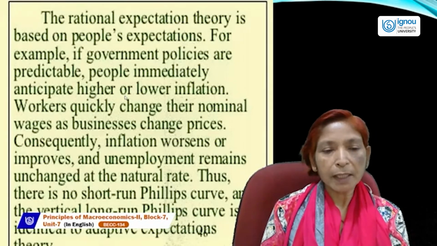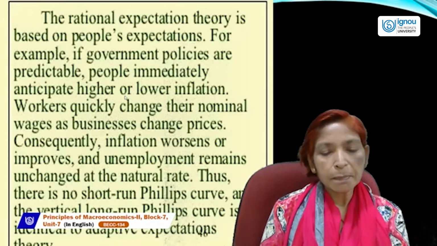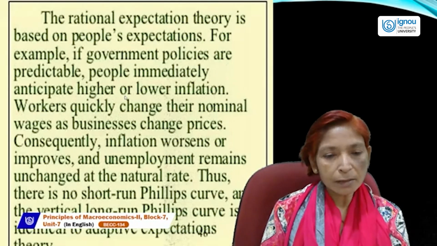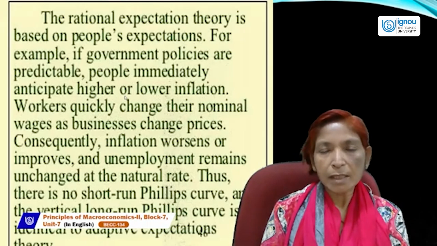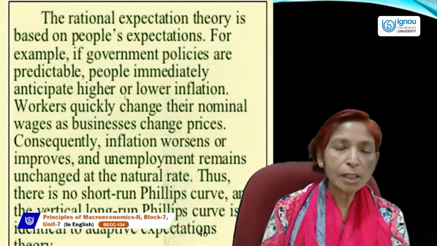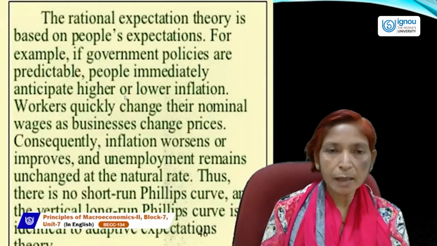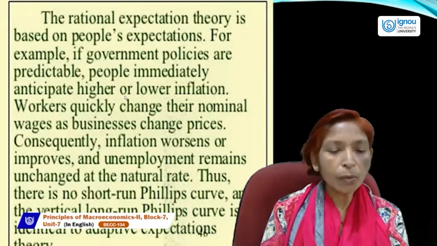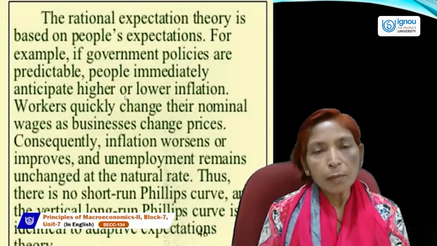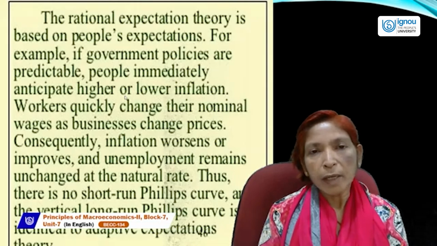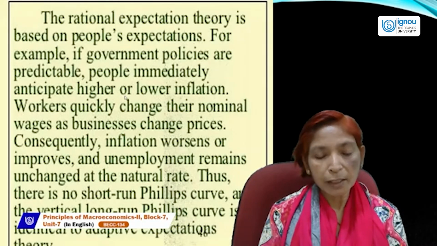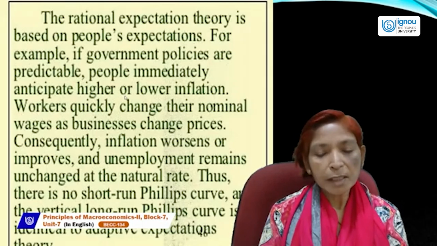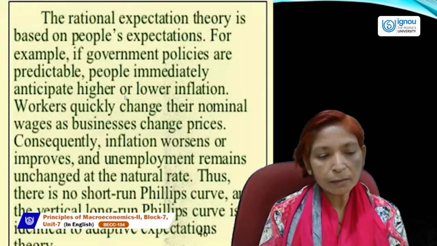So rational expectation theory is based on the long run Phillips curve, in which the natural rate of unemployment remains the same at each level of inflation. Either it may be higher or it may be lower, but unemployment or the natural rate of unemployment remains constant or the same. But adaptive expectation shows the short run Phillips curve theory. It is based on the short run Phillips curve, which is a downward sloping curve.